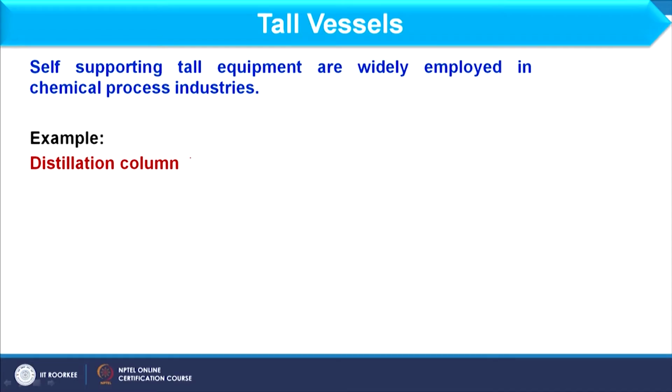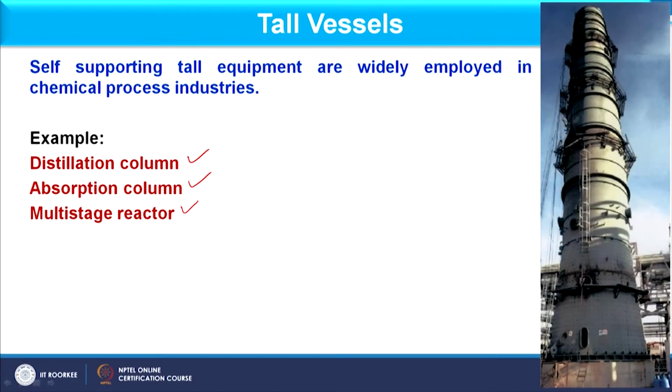So, we have to consider all these factors such as the column itself as well as its support. Tall vessel means self supporting tall equipment, and these are widely used in chemical processes such as, very commonly, the distillation column, we also have the absorption column, and multi-stage reactor.